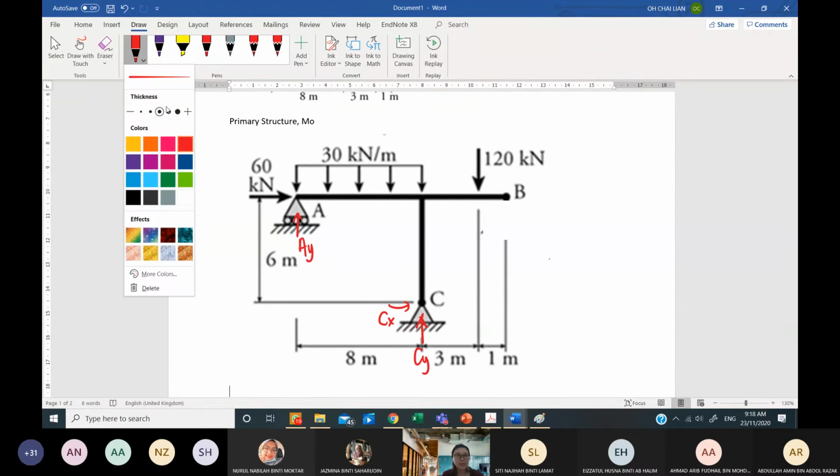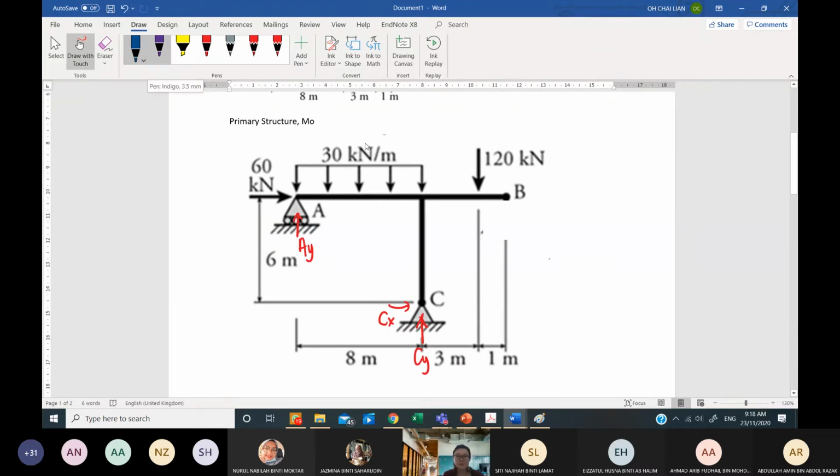I'm going to cut a section. Start my X here. Let's say this is 1.